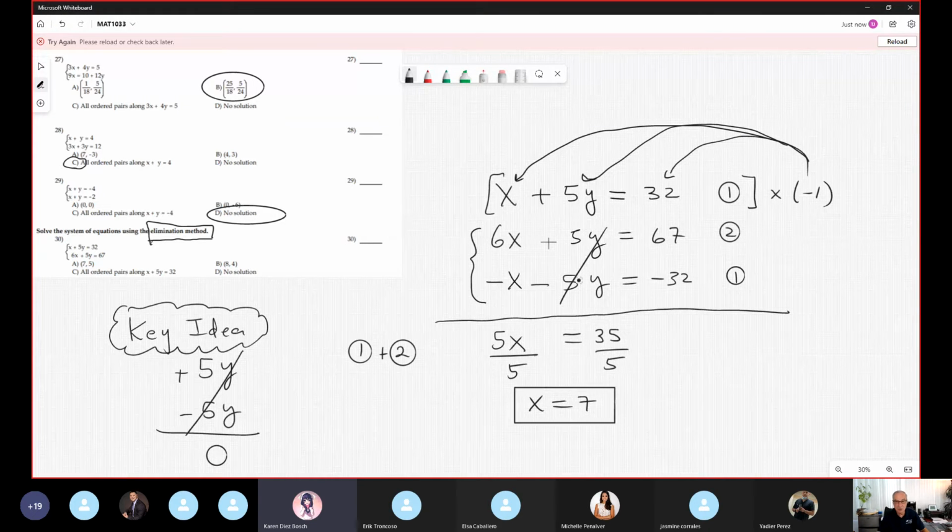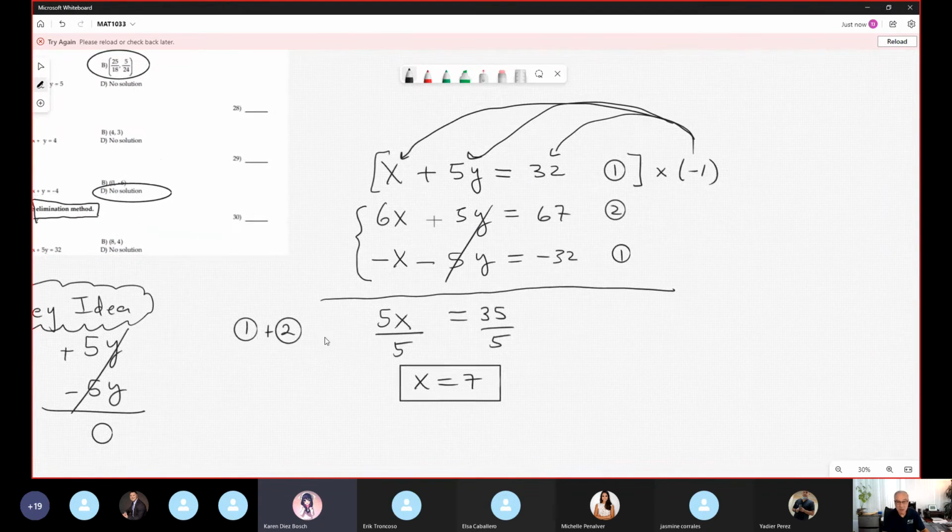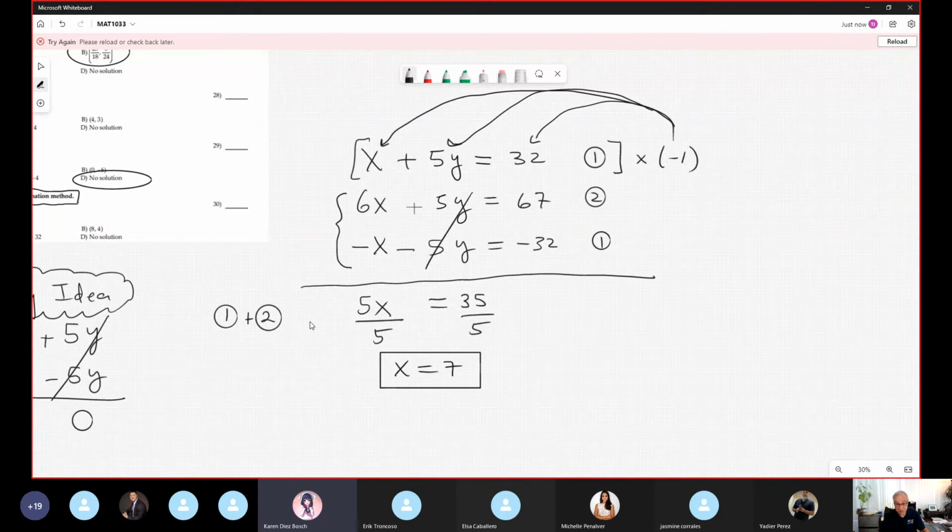I'm not finished, of course. I need to solve for y. To do this, you decide which equation you consider better. In my opinion, I use the first equation, the original one, not the new one. The new one is this, and the original or old is this. I use the old one because it's easier, with a positive sign.